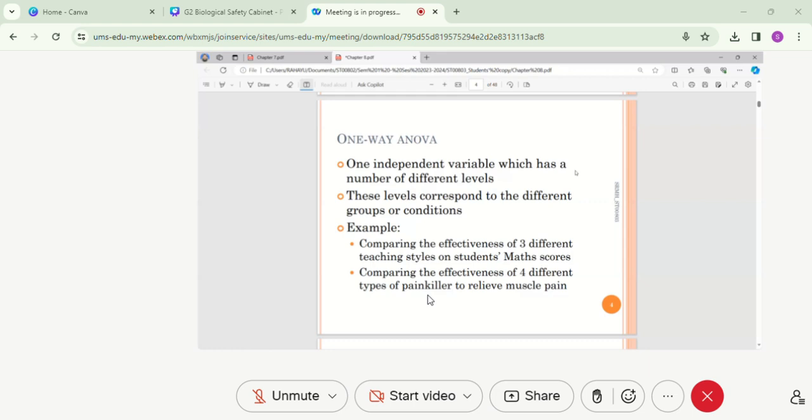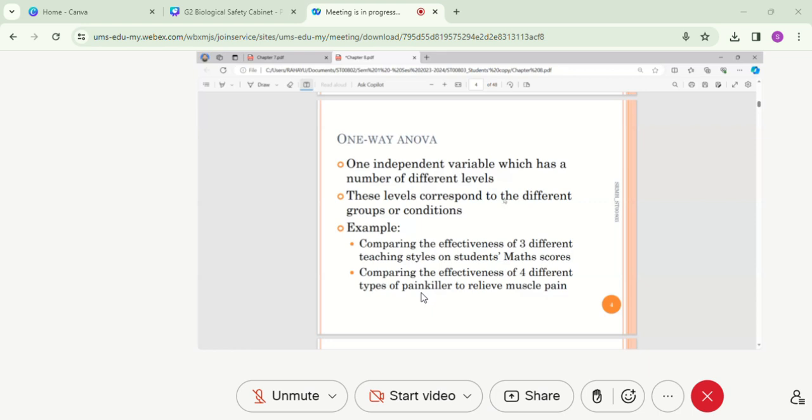But if there is not much difference in sample size between the 2 samples, then you can proceed with the independent samples t-test.